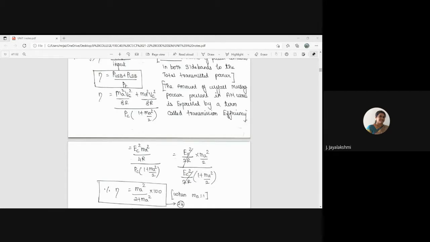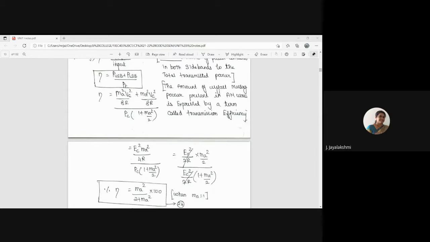I repeat, there is a double sideband full carrier AM signal with a peak unmodulated carrier voltage of Vc equal to 10 volts. A load resistance RL is said to be 10 ohms and a modulation coefficient MA is going to be 1.